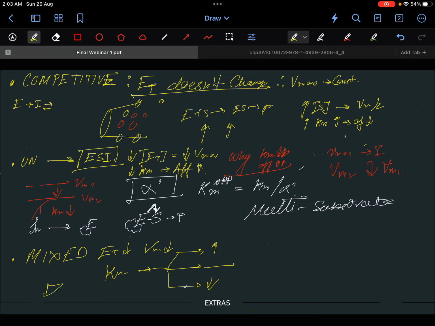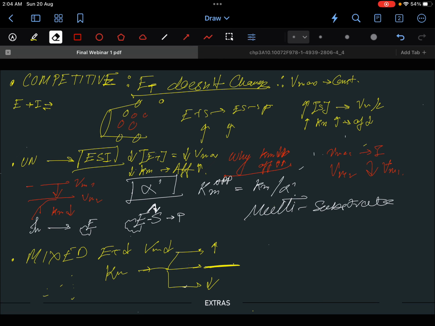So this is the Km, and competitive is trying to take it to a higher value, and uncompetitive is trying to take it to a lower value. If both of these forces are equal, the Km will be constant. If this force is greater, the Km value will increase. If this force is lower, the Km value will decrease. A simple thing. So Km has three fates: it can decrease, increase, and also remain constant.